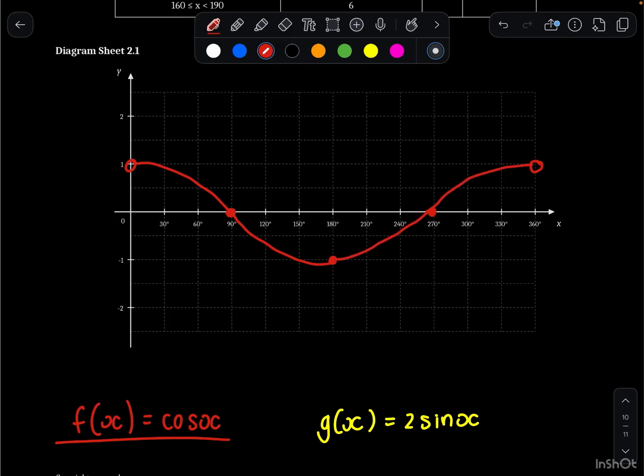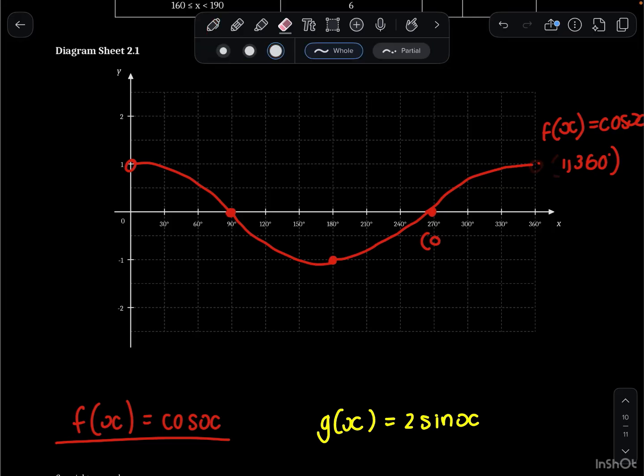Okay. And they want us to label. So f of x is cos x. No, sorry, that's not how we label that. Sorry about that. We always do the x-intercept first.